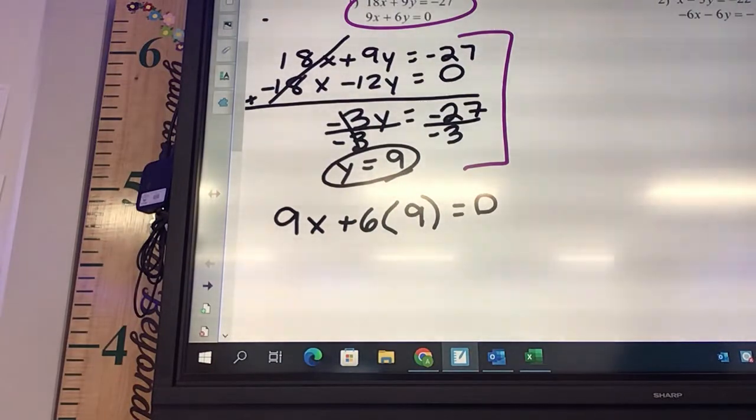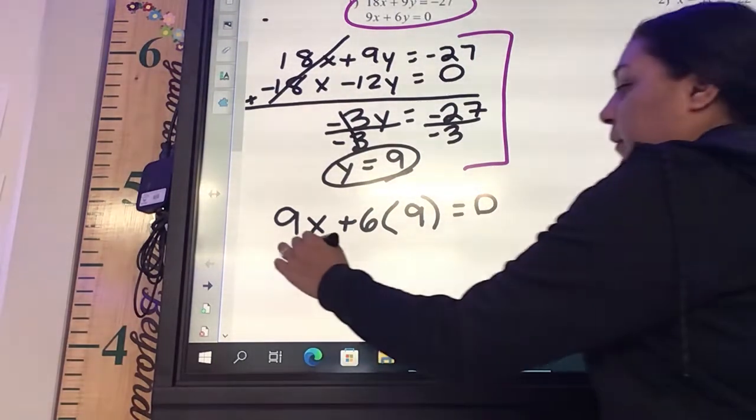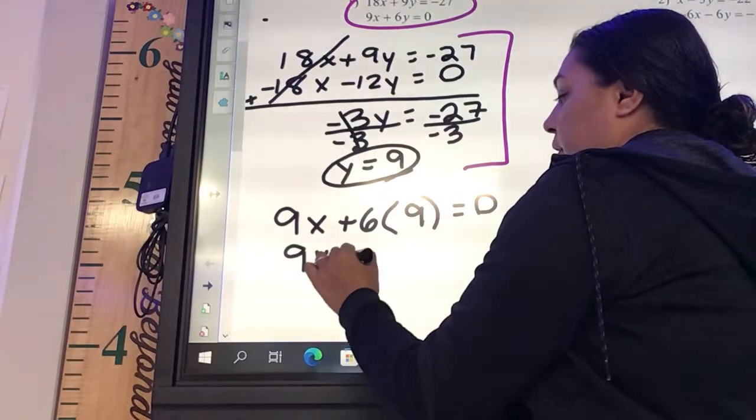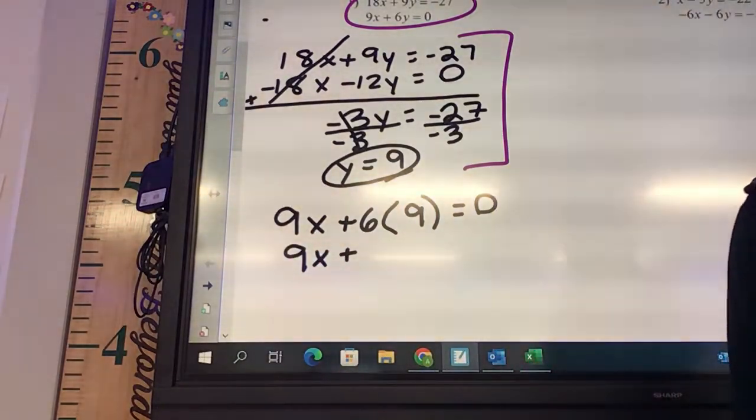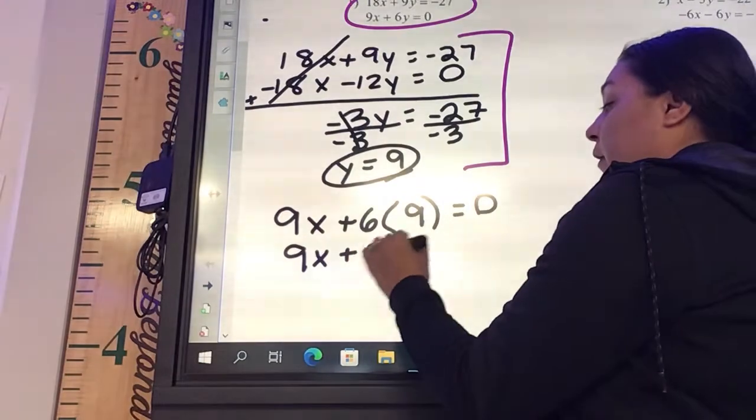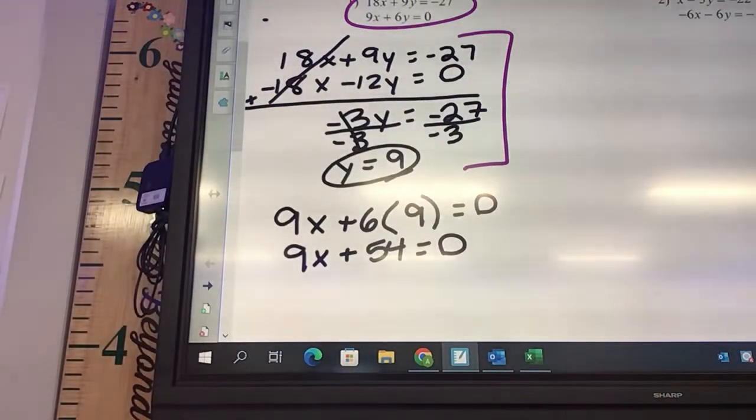What is 6 times 9? 54. So 9x plus 54 equals 0. And then what? Subtract 54.